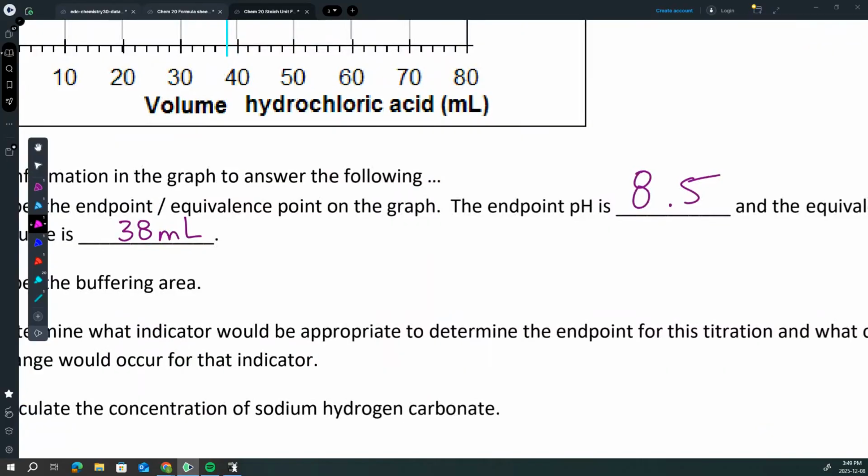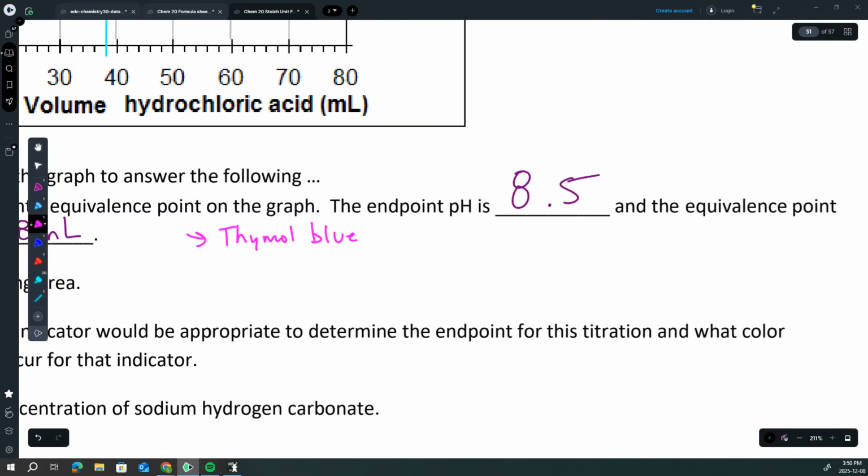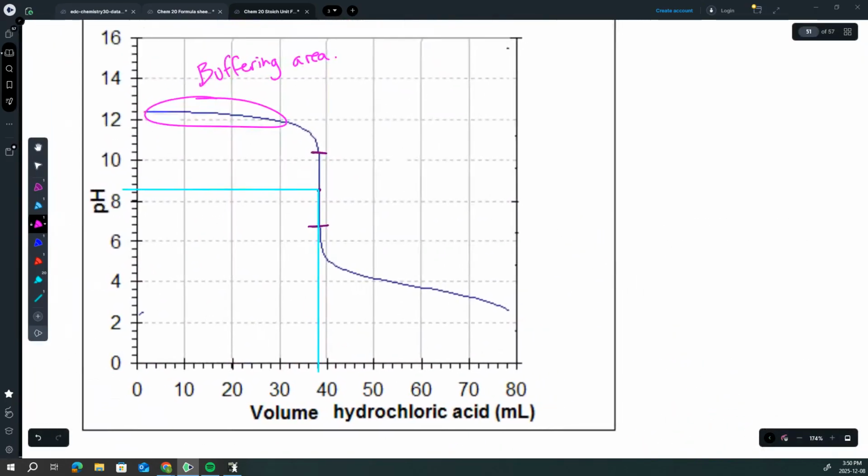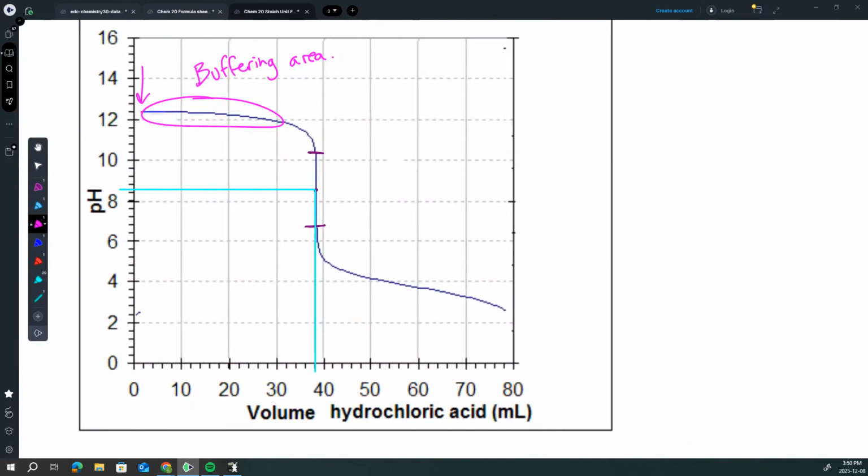All right, so I'm just going to start off with thymol blue. And for this, the color change, again, we're doing it from the start of the pH curve to the end point.